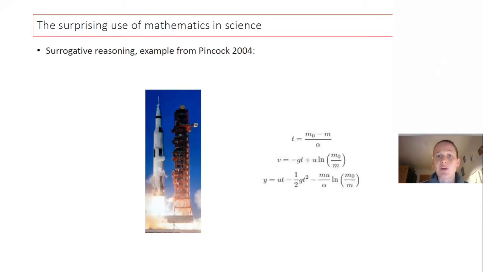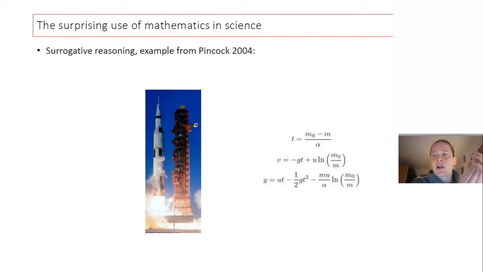So here's a way of motivating the question first, which comes from Christopher Pincock. He says, imagine you're a scientist and the country you perceive as your enemy country has just developed this amazing rocket, and you think, oh my God, we need a rocket as well in order to defend our country and threaten the other country. So you start with this really very practical, even political issue.